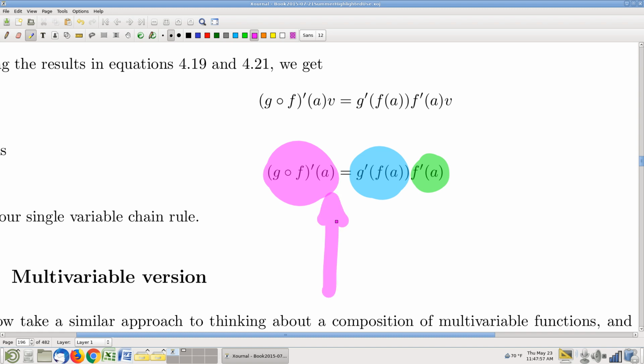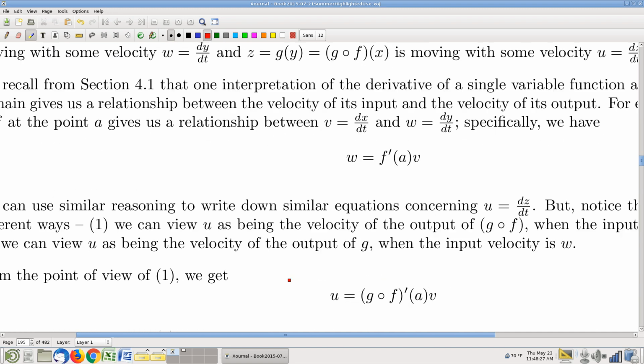Right? But seemingly, an eyebrow raiser, and some students are confused by why this would be. How come we don't evaluate G prime at A? G prime, what's the deal with it? It's got to be G prime of F of A. Why? Ultimately, it's very natural. Because we're evaluating G prime, I claim, at F of A. And you can see that right here on our diagram.